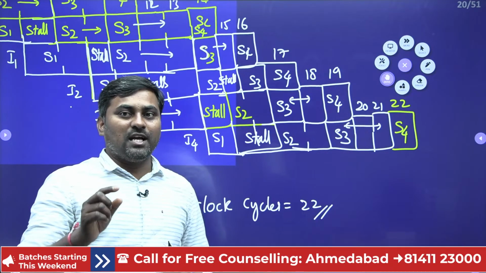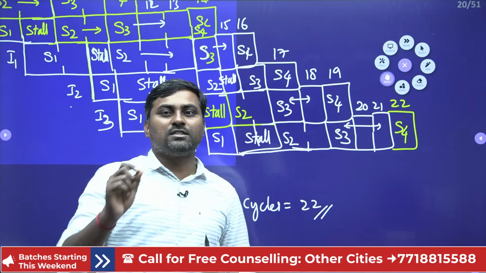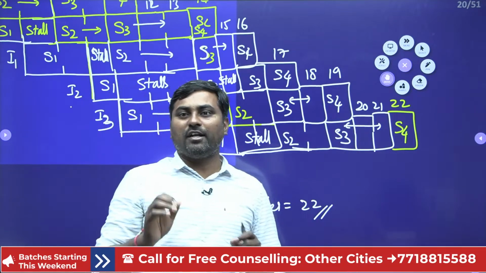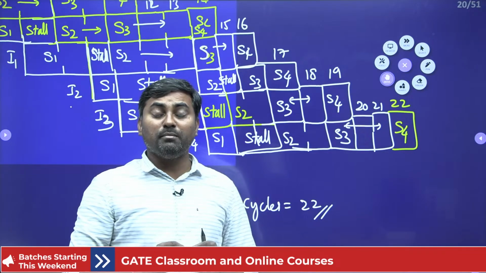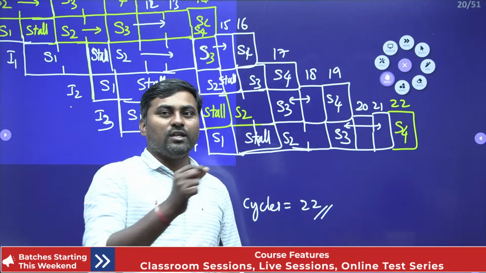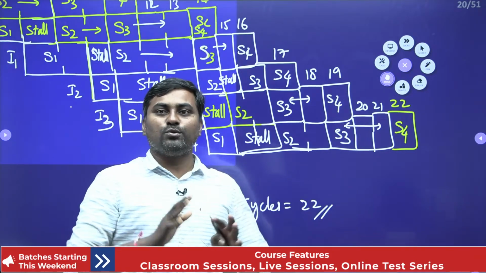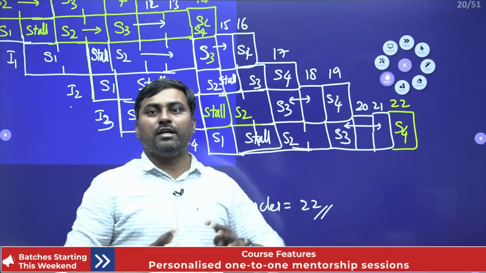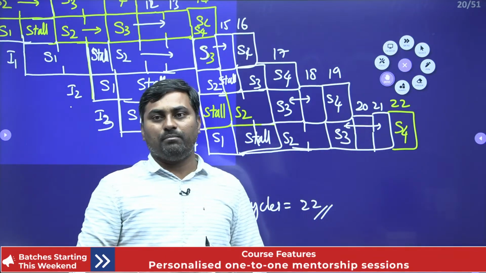Please understand, if you observe this for the next 5 minutes, it will help minimize your time. Not only for this type of question, even for other problems we can use that approach to save time calculating the number of clock cycles for a given program.